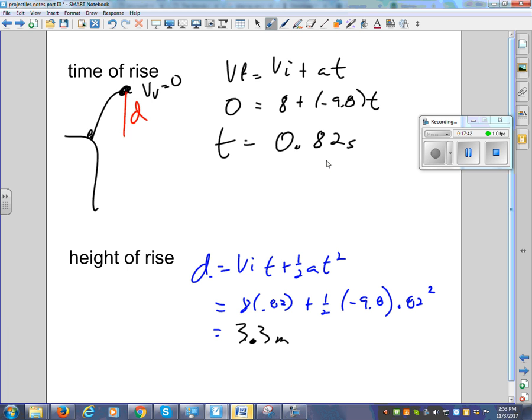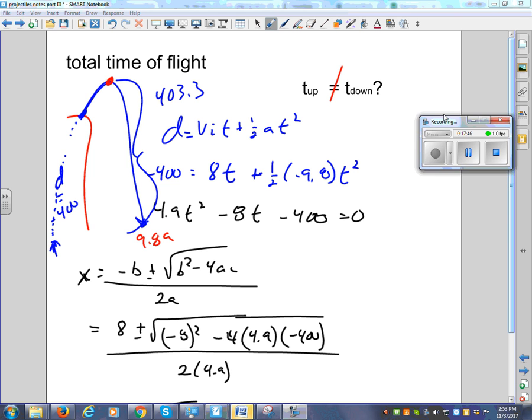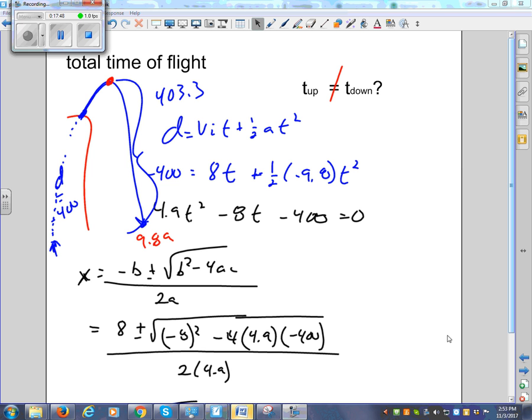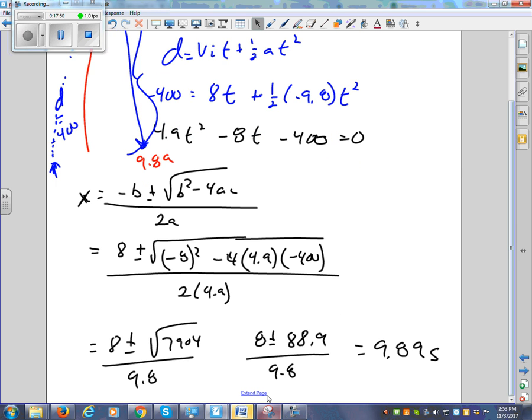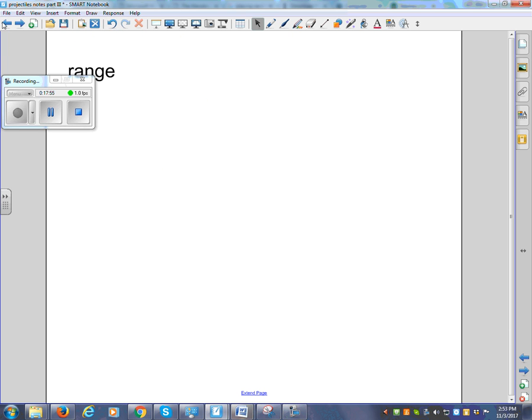Would that work too? It seems so much easier. Let me do it on the next page. The d is minus 403.3, is that correct?